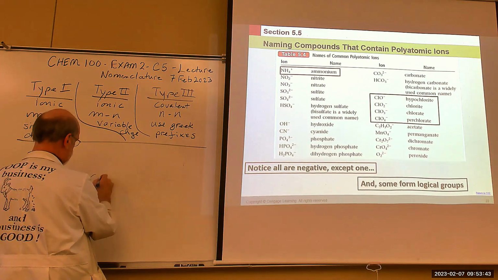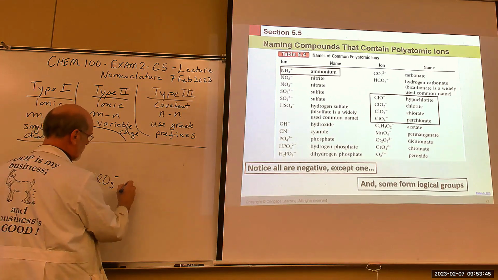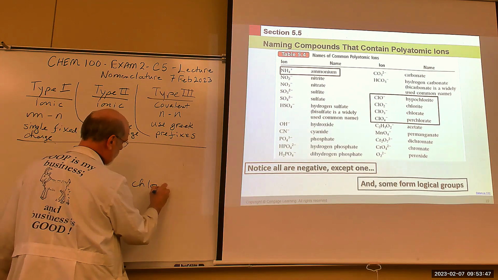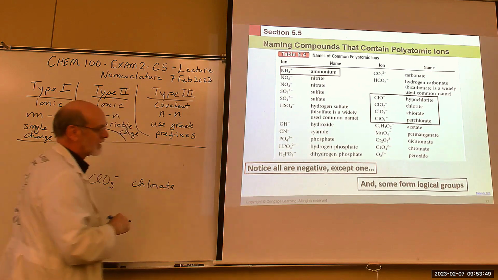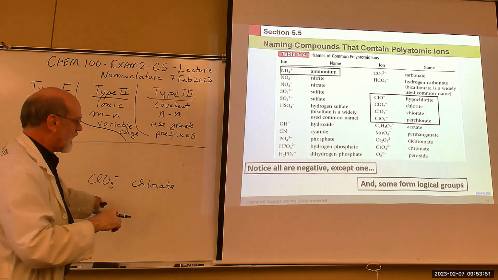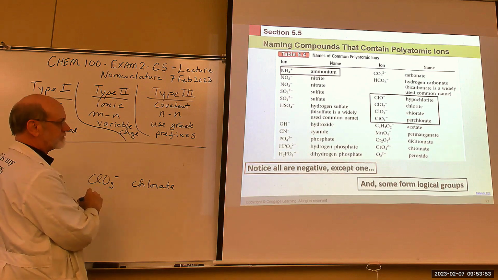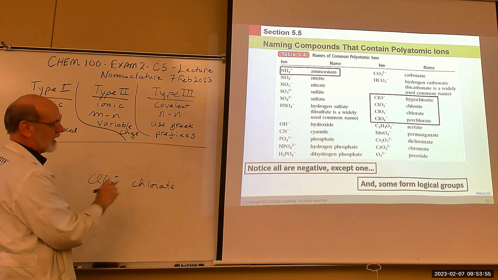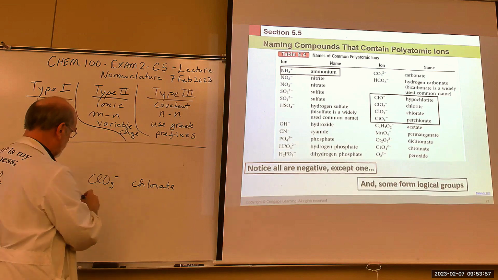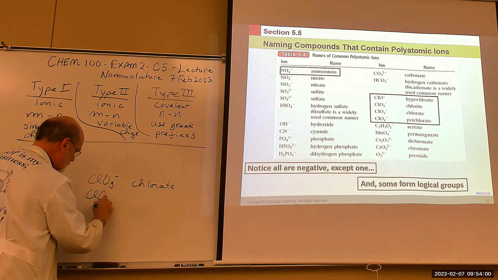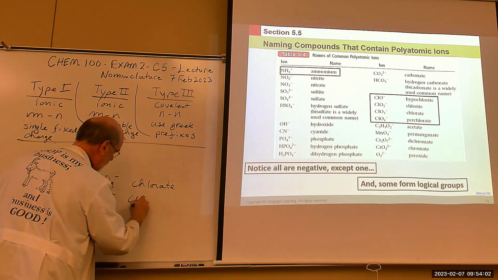If we take away one of the oxygens, this is chlorite.